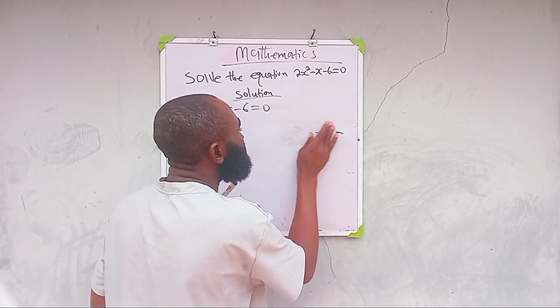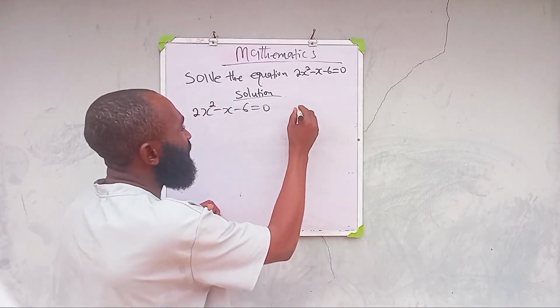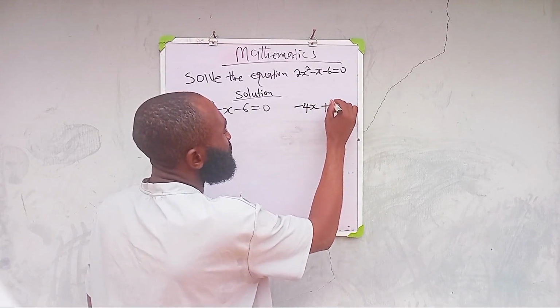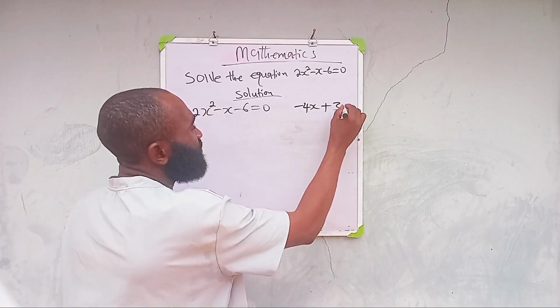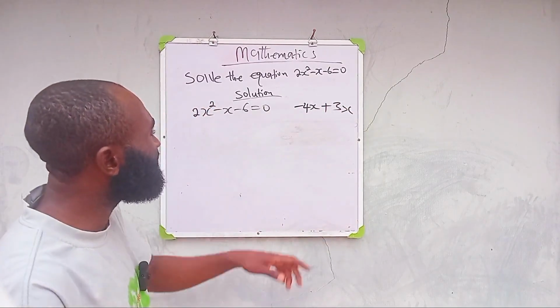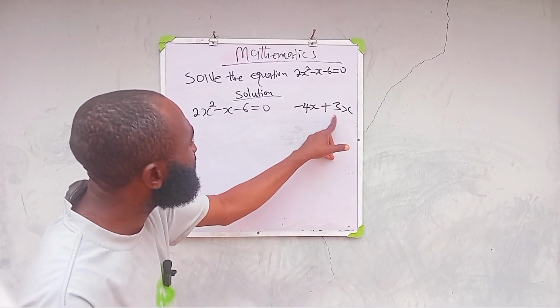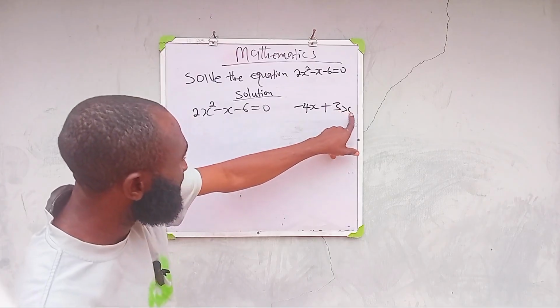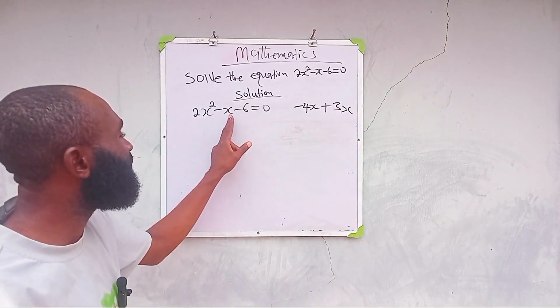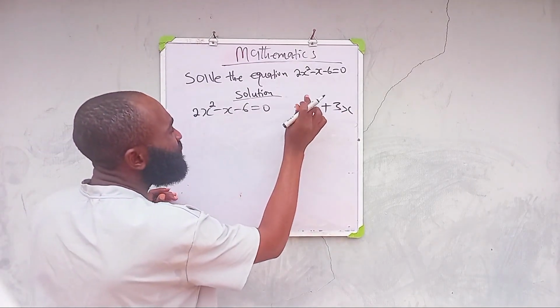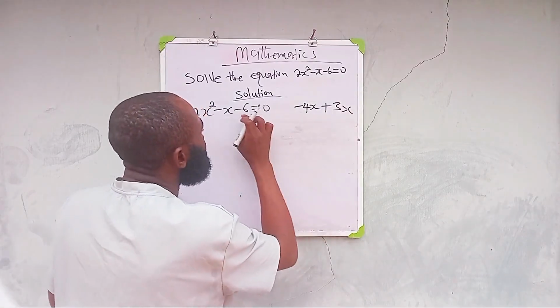The two possible values are minus 4x plus 3x. By the time you add minus 4x plus 3x, you have minus x. And when you multiply 4 by 3, you have minus 12.